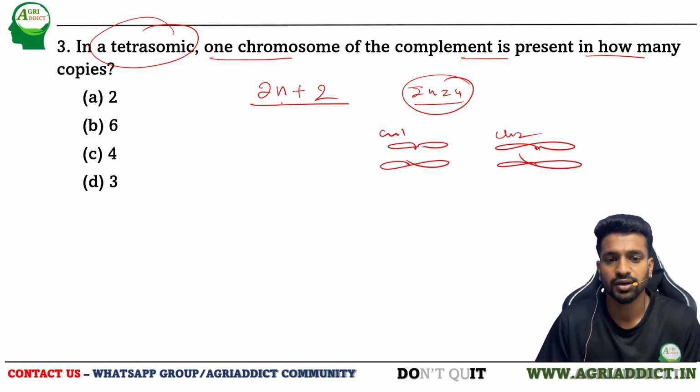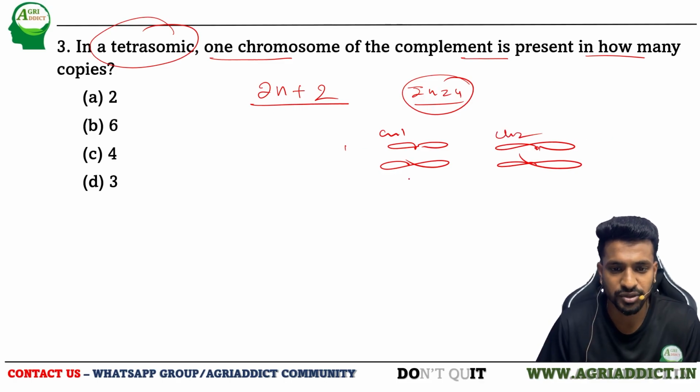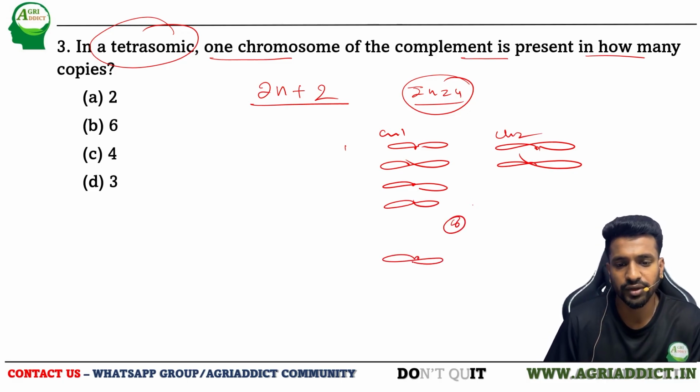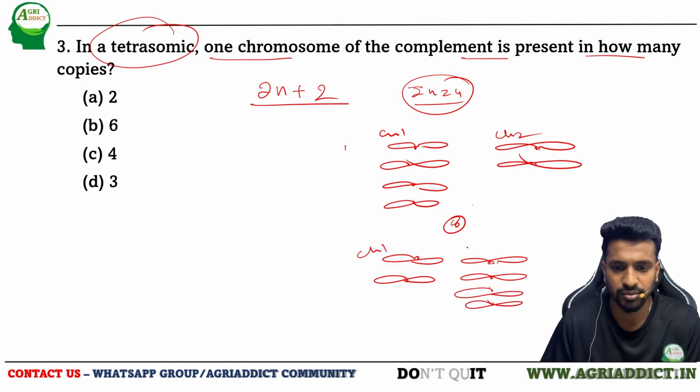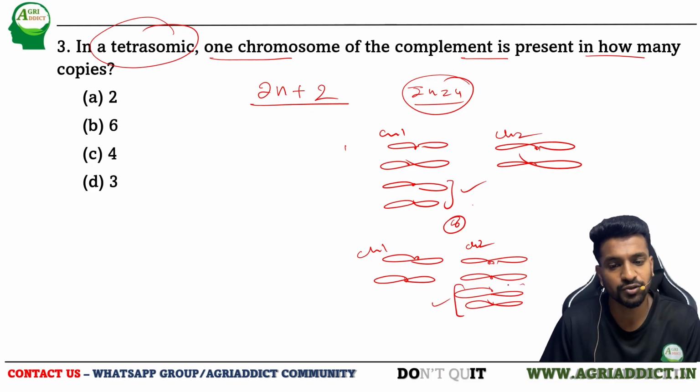So in the tetrasomic conditions, either chromosome 1 will have two extra copies or chromosome 2 will have two extra copies.